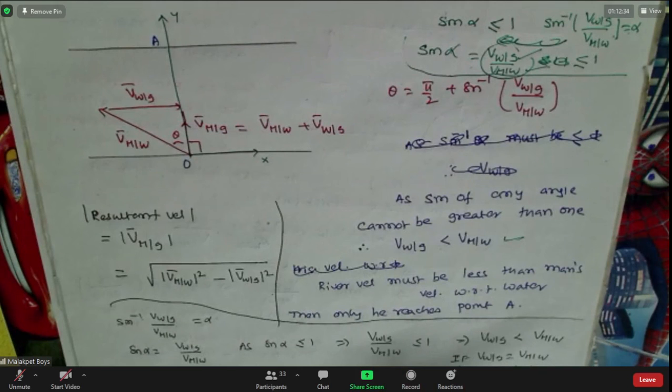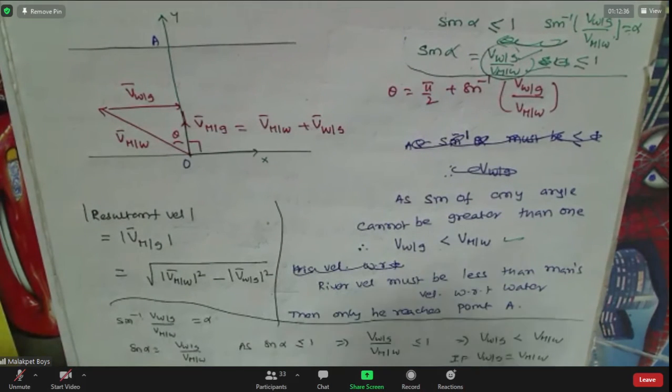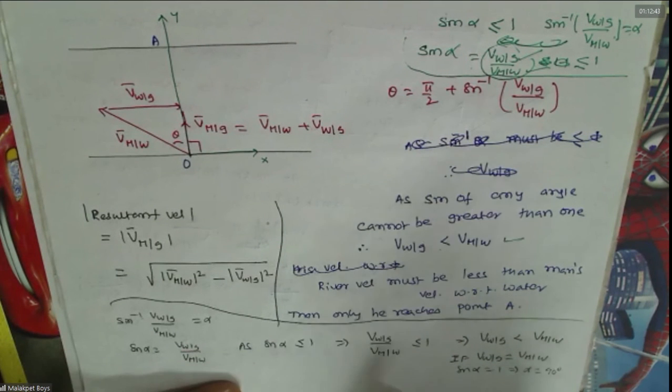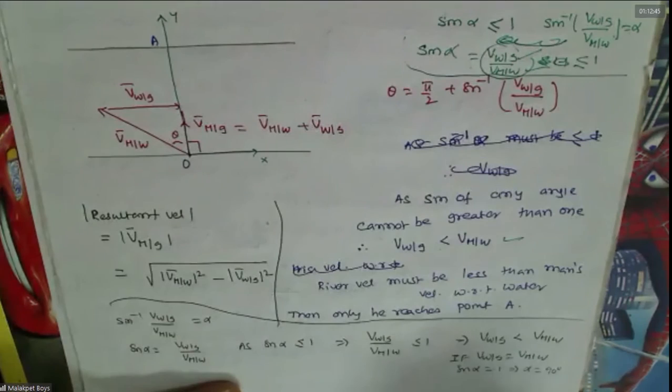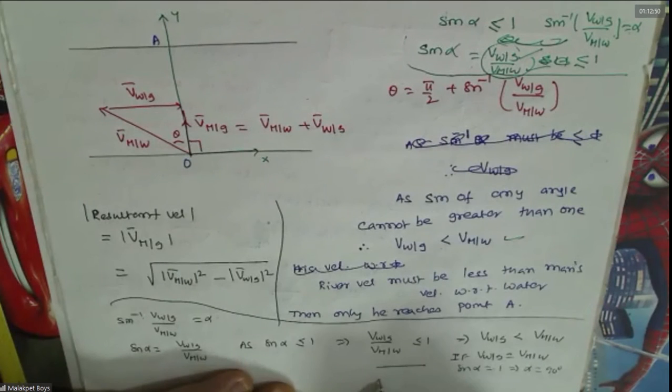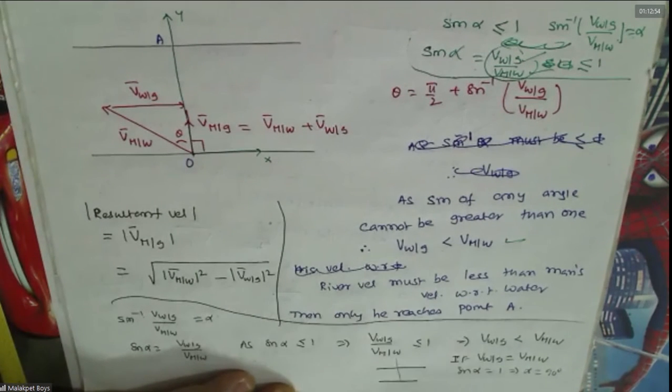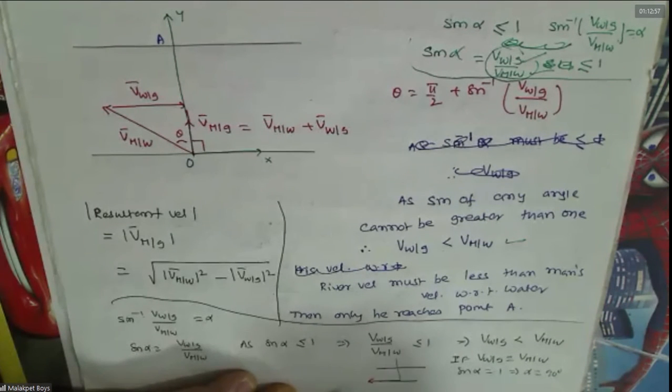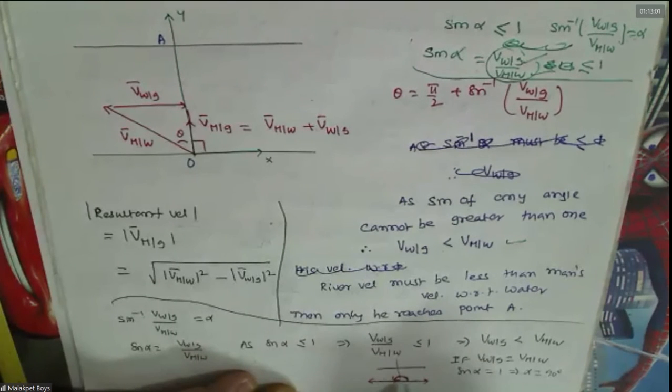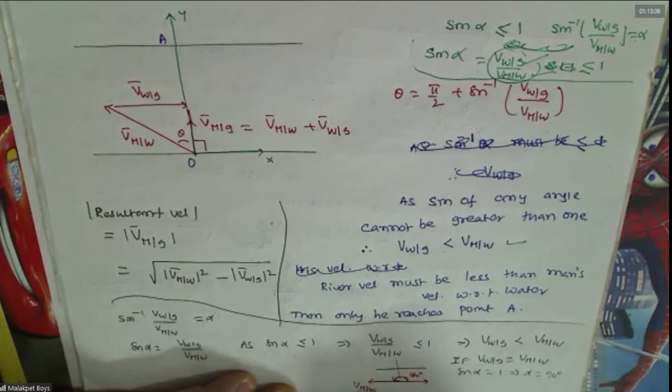So if the man's velocity was less than the river's velocity, then what will happen? I will discuss that case also. That fellow has to swim like this. This is alpha, no? And this is the water velocity. The total angle will be how much? 180. Okay, this is the velocity of man with respect to water.